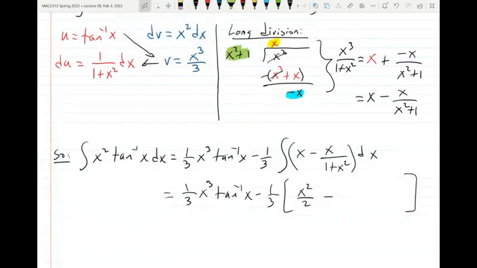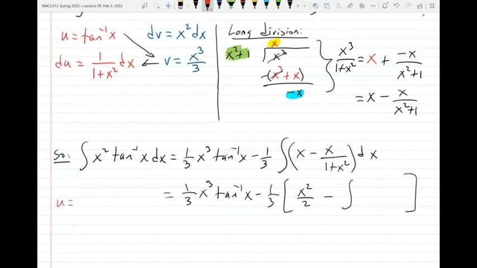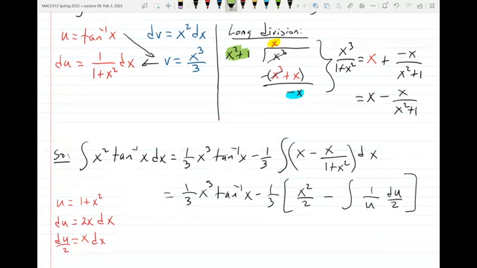Now I'm going to integrate the other one, making a substitution. I'm going to let u be 1 plus x squared. So du is 2x dx, which means x dx is du over 2. So that integral becomes the integral of 1 over u du over 2. Are we okay? I'm talking about this integral over here, the one I'm analyzing now.